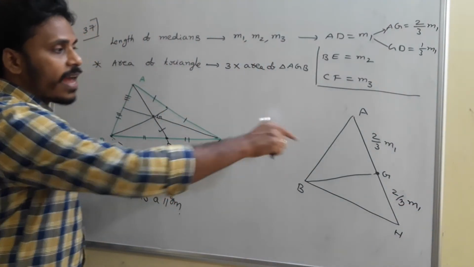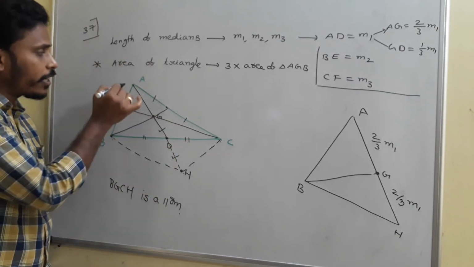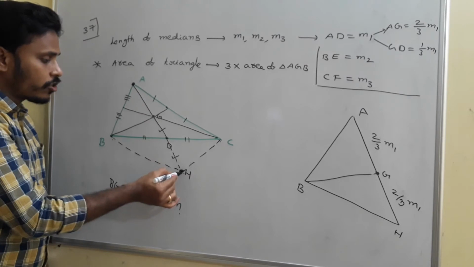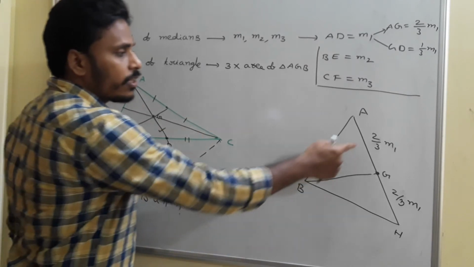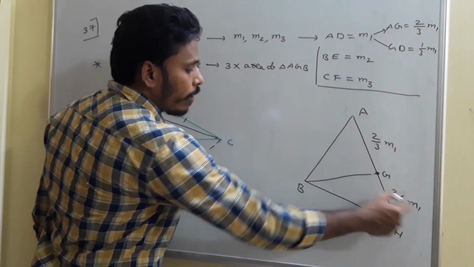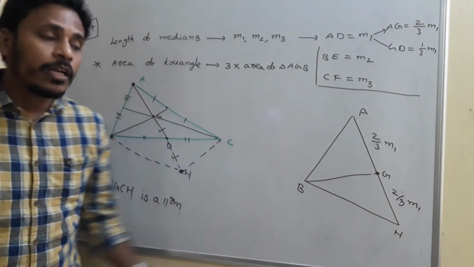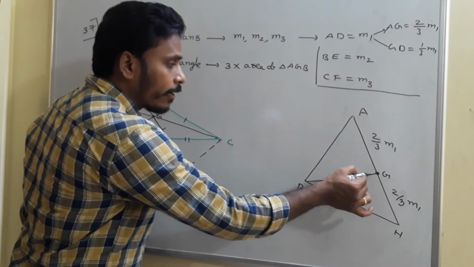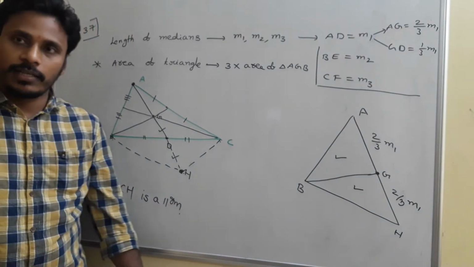So this is the actual situation, and from there I separated out this triangle AHB for you. These two lengths are equal, 2 by 3 m1 and 2 by 3 m1, so BG is what? A median again for this triangle. Already we know that a median divides the triangle into two triangles of equal areas.